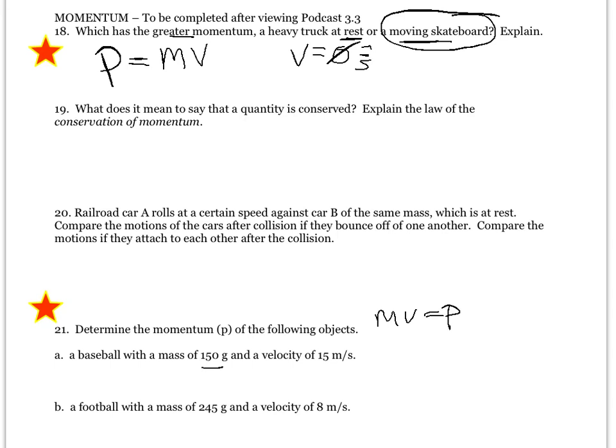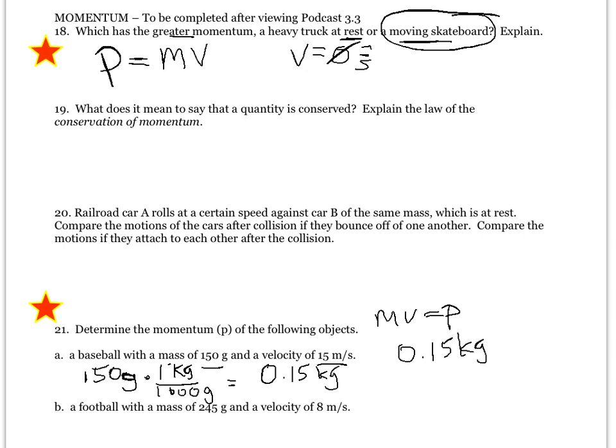So baseball with a mass of 150 grams and a velocity of 15 meters per second, we would have to multiply 150 grams times 1 kilogram over 1,000 grams to get 0.15 kilograms. 0.15 kilograms times 15 meters per second.